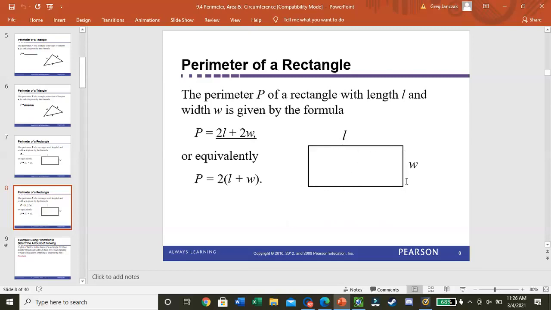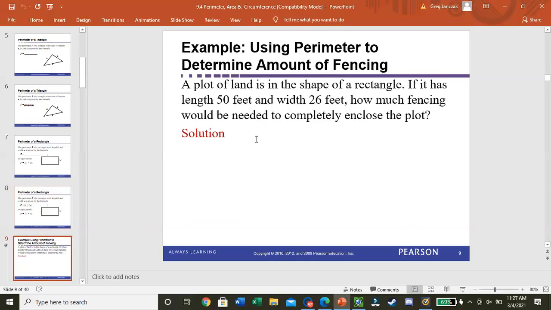The width was 3 on one side and 3 on the other, so 3 plus 3 is 6. So 10 plus 6 would be a perimeter of 16. You can add up length plus width, or you could just say 2 times the length plus 2 times the width. But all you're doing is just adding up all the sides.